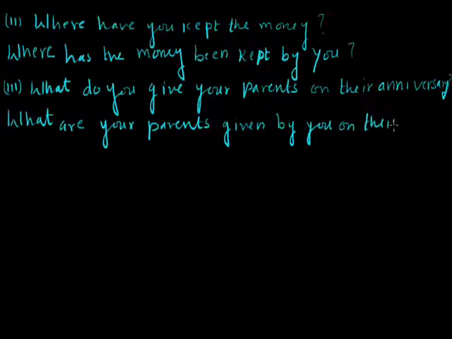Okay, and there are also some interrogative sentences in which the subject is not given, and when in the sentences the subject is not given, then we make the passive voice of the sentence in quite a different manner. So let us discuss the interrogative sentences in which the subject is not given.